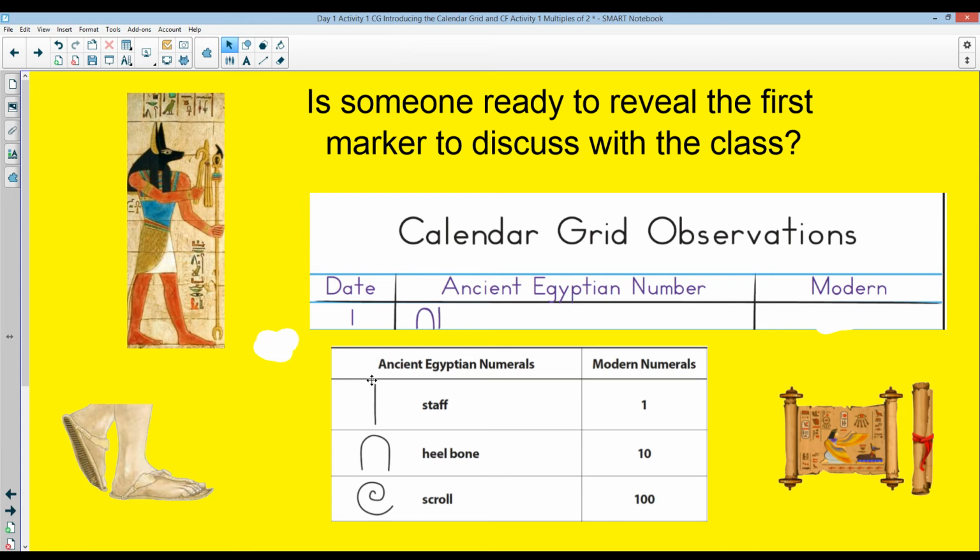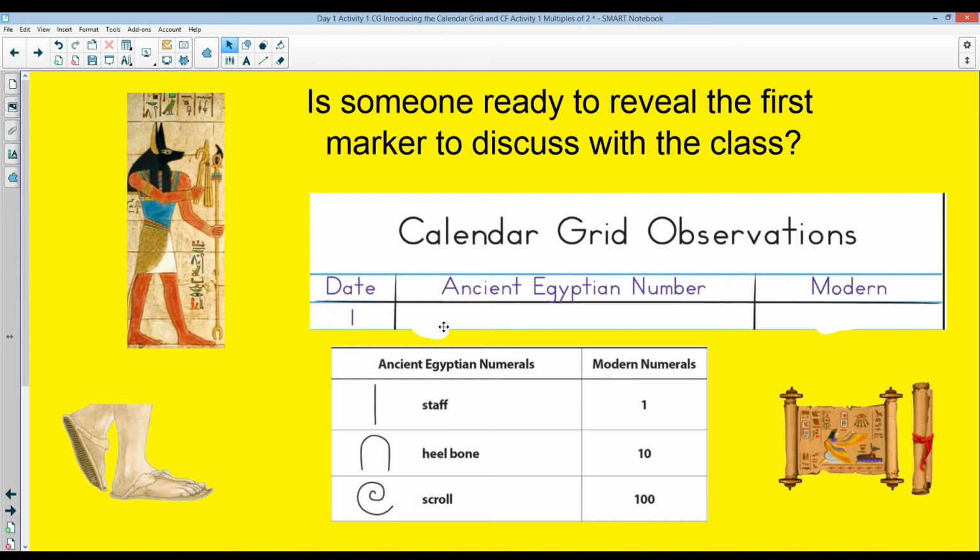We can look at this and see that number one, in our modern day numerals, would be a one. They called it a staff because a lot of the god pictures are carrying these staffs around. So for this first one, the date would be September 1st.